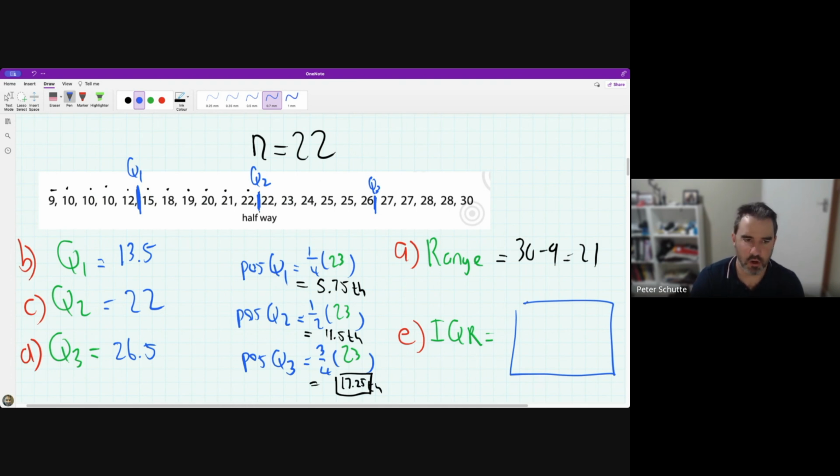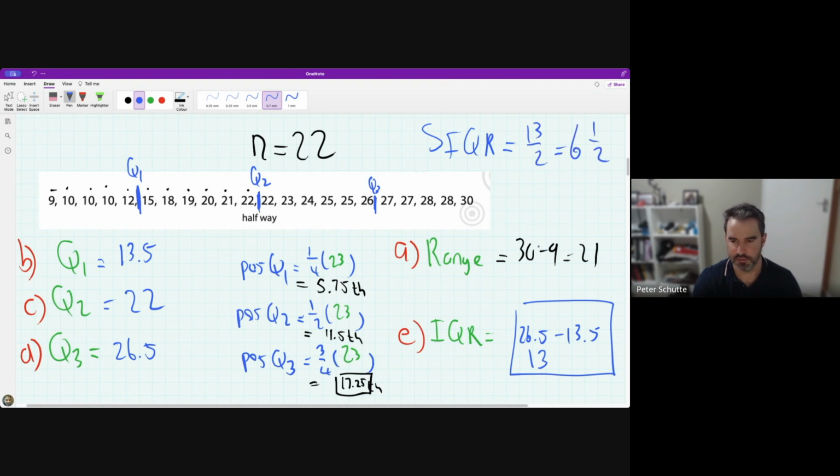Well, we can only say 26.5 minus 13.5, in which case we have 13. So my interquartile range is that. For bonus points, what is the semi-interquartile range going to be? It's just going to be 13 divided by 2, which is 6.5.